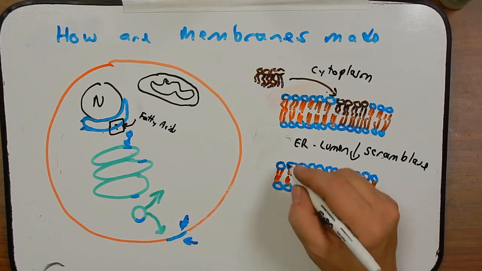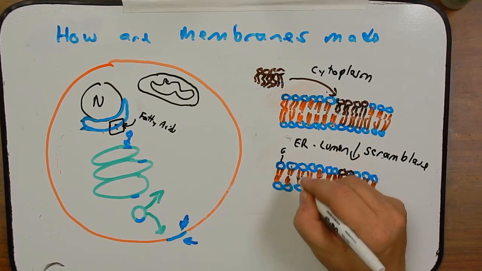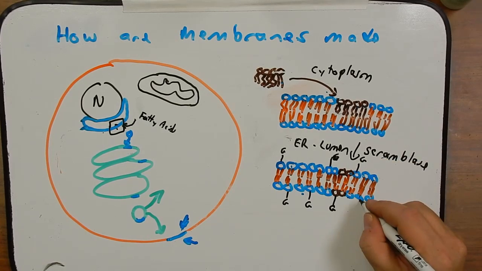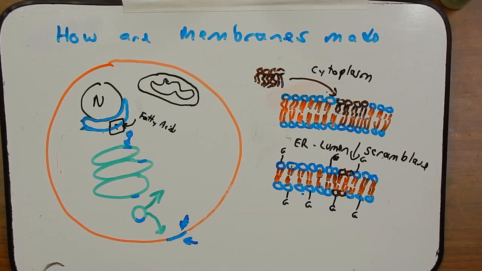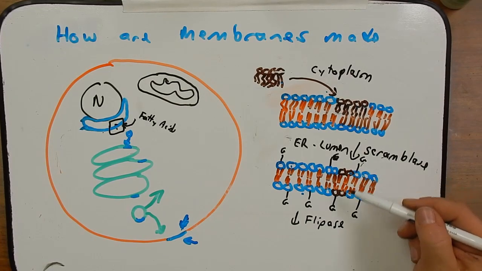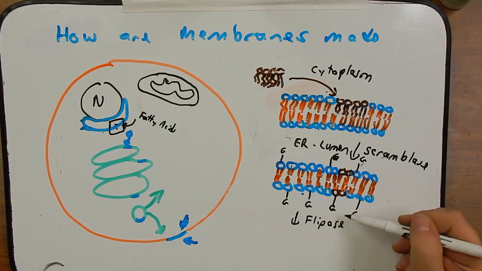Now I didn't draw it here, but let's just say we have a mixture of glycolipids here. And glycolipids are important to be on the outside of the cell. How do we get these all on the same side? Well, what happens is another enzyme comes along that also has a pretty clever name called flippase. And what flippase does is it flips the lipids so that certain groups of lipids are all on the same side.